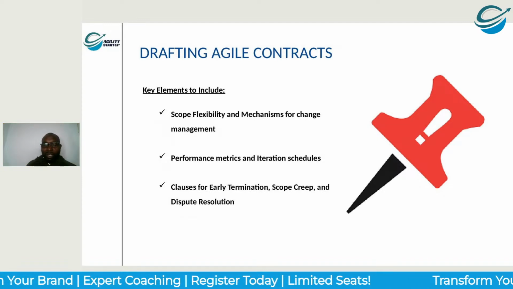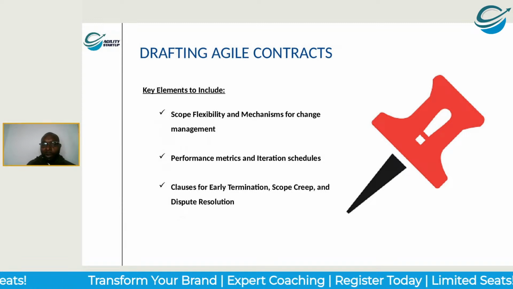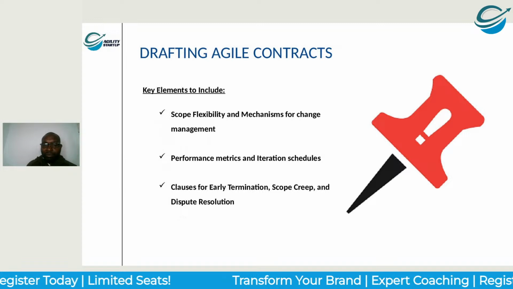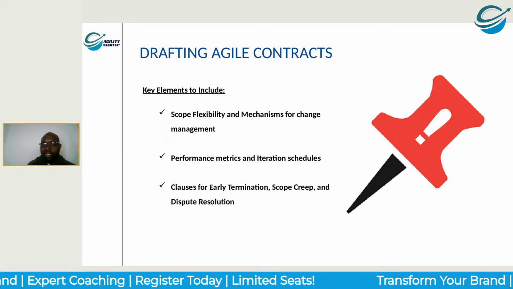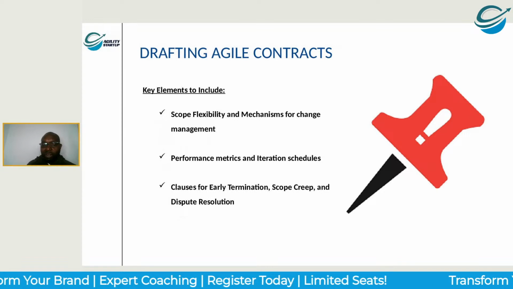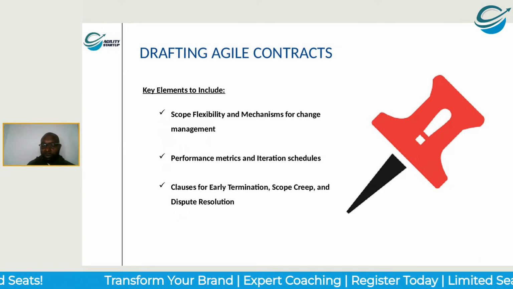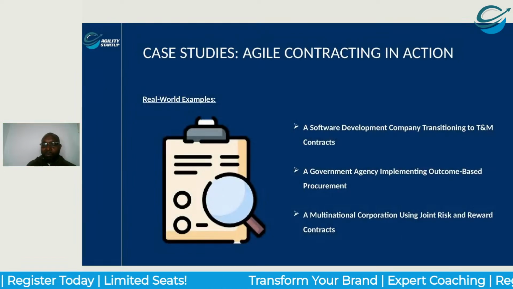What are some of the key elements to include when drafting the agile contract? Scope flexibility and mechanisms for change management, performance metrics and iteration schedules, and clauses for early termination, scope creep, and dispute resolution. Those are some of the key elements that are important.